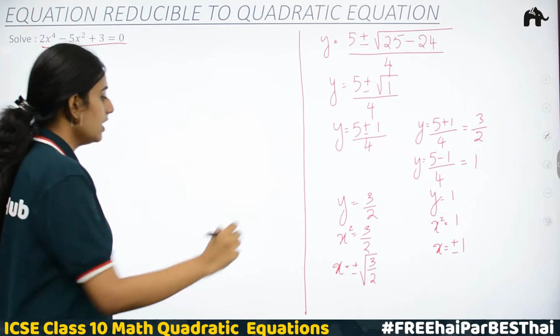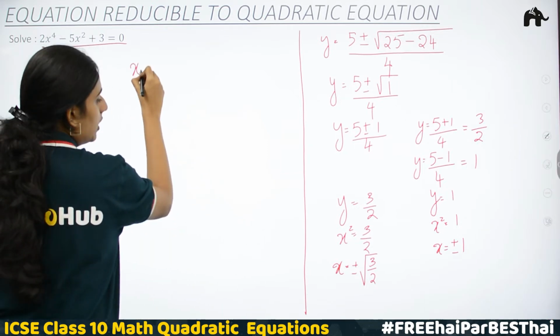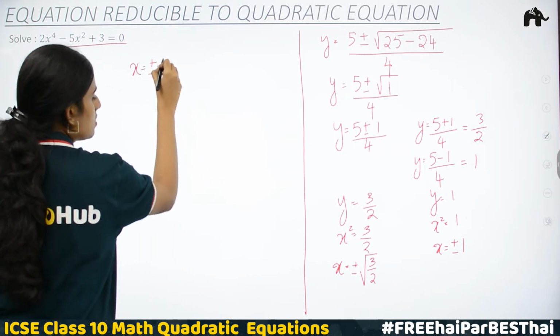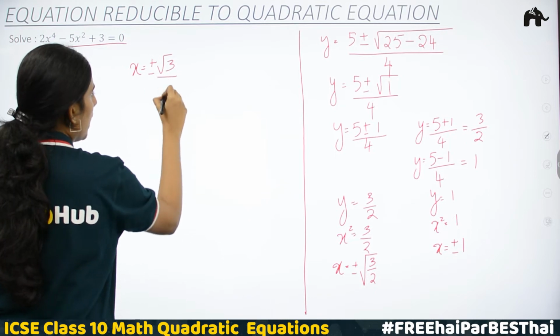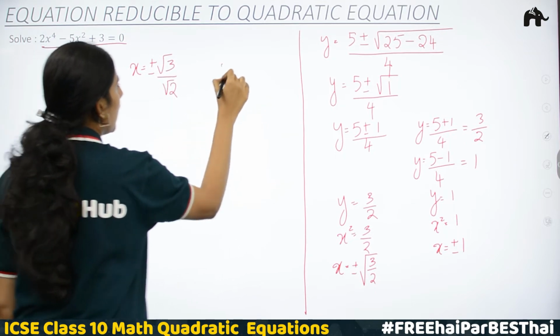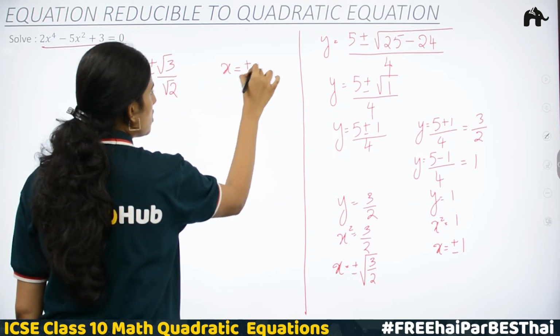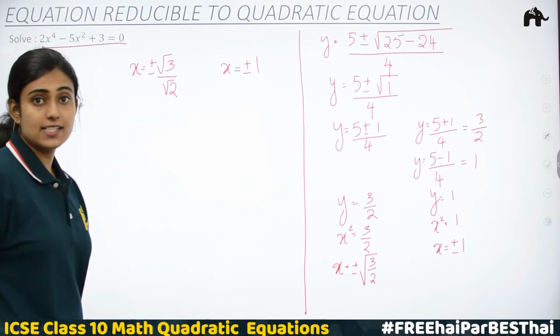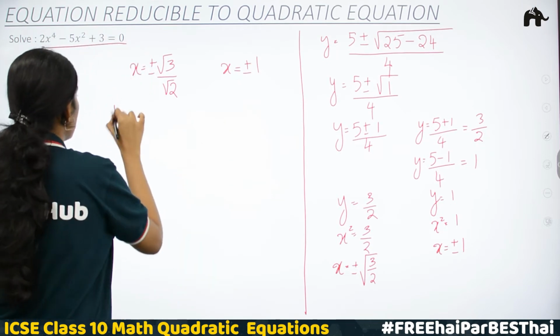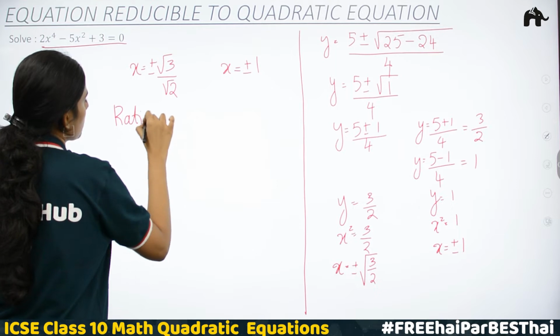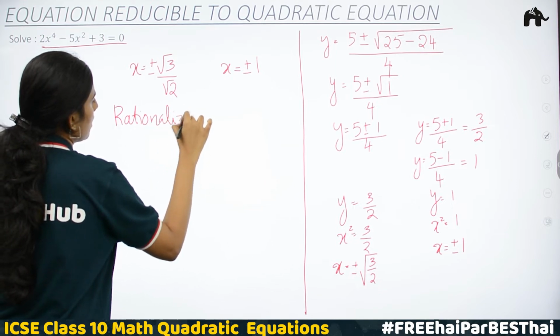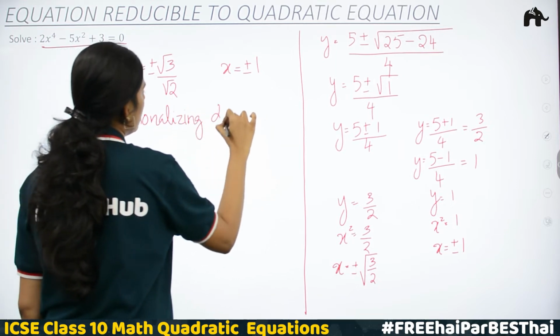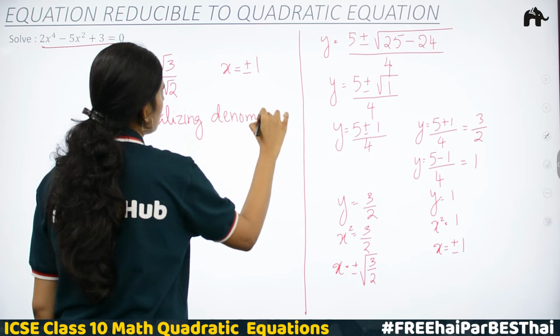Okay. Now here we have x is equal to plus or minus root 3 by root 2 or x is equal to plus or minus 1. We have to rationalize the denominator. Rationalizing denominator. What do you get?